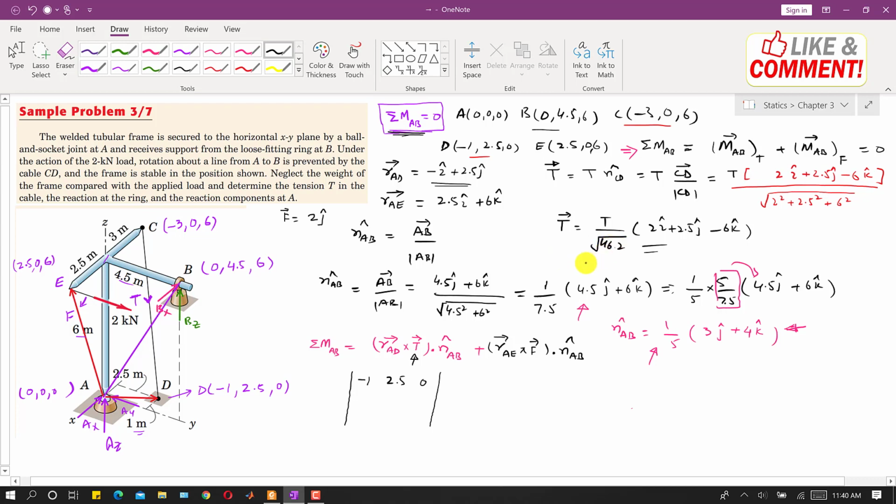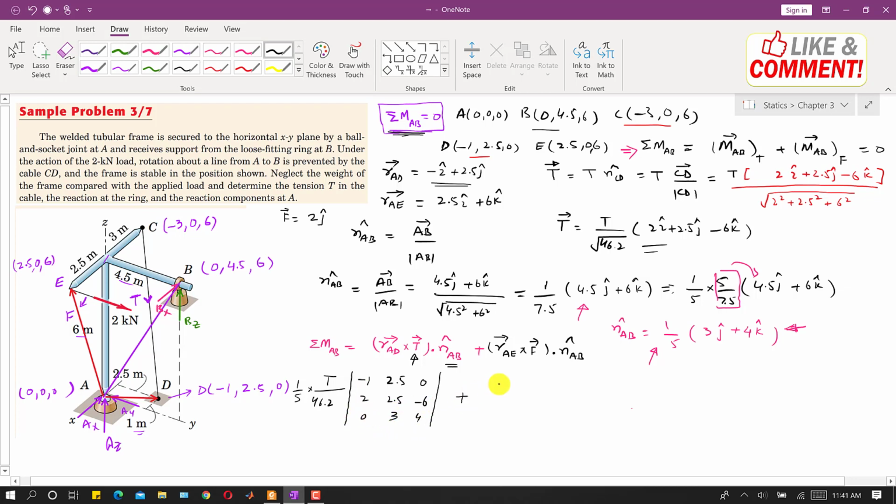So we will take this common, right? So this will be T divided by 46.2 and this is 2, 2.5 and minus 6, and this AB unit vector is 1 by 5, right? So I will take common 1 by 5 as well, so 1 divided by 5, and this is 3j plus 4k and this is 0, right?